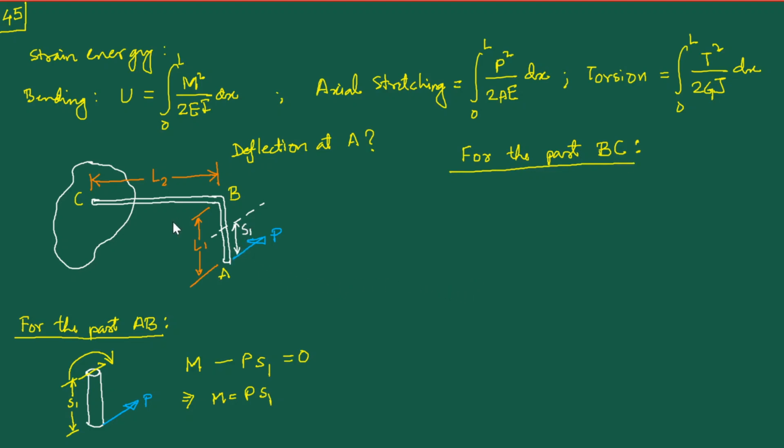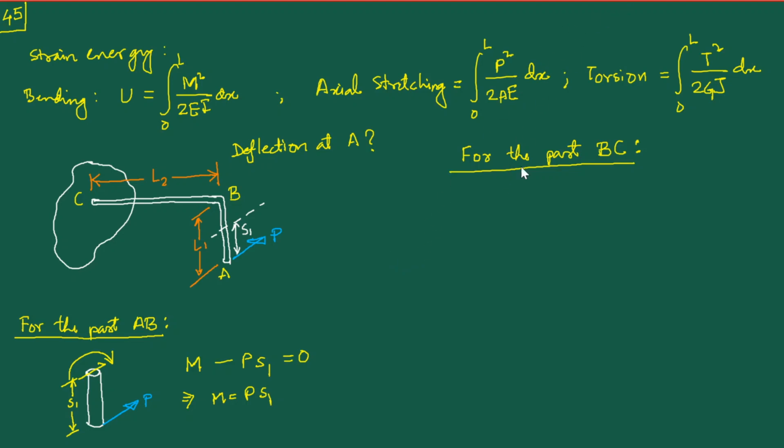What we'll do is we'll take a cut section maybe somewhere here, but before that we will actually isolate out this part BC. When we say that we'll isolate this part BC, what we basically mean is that we are taking effectively a cut section at B. Okay, so what is the implication of that?